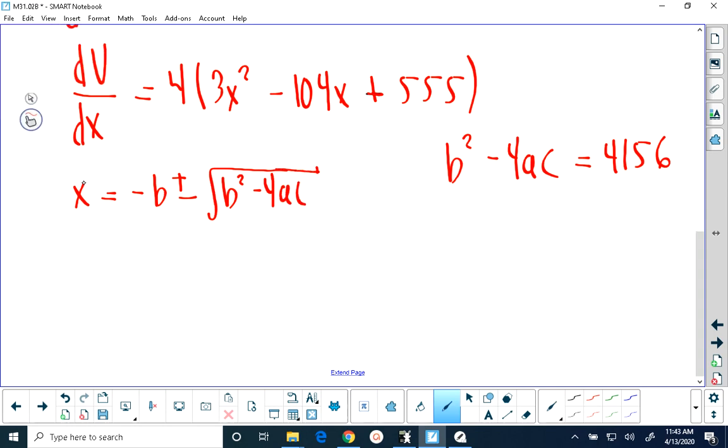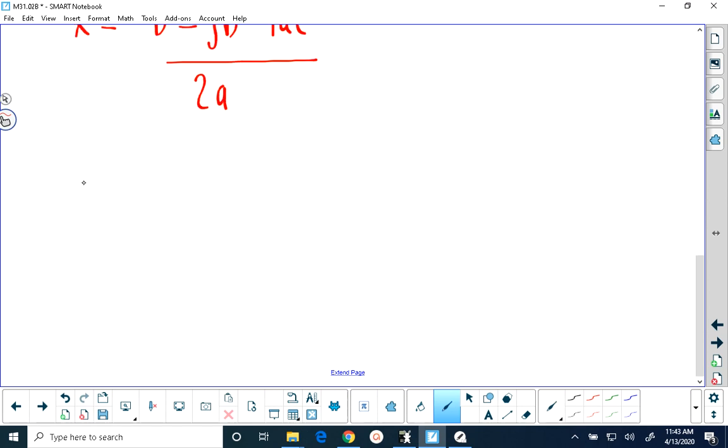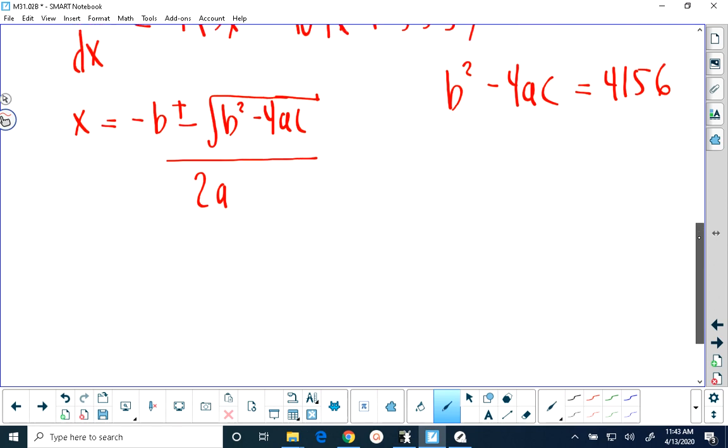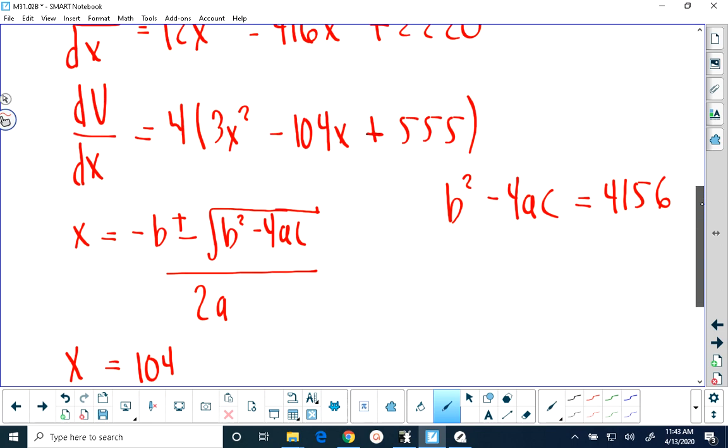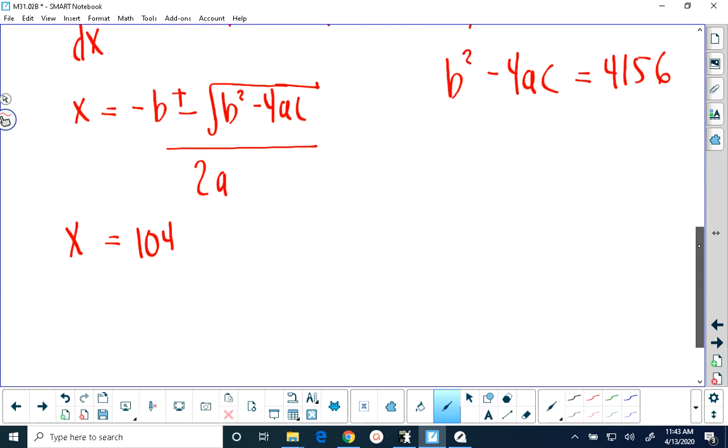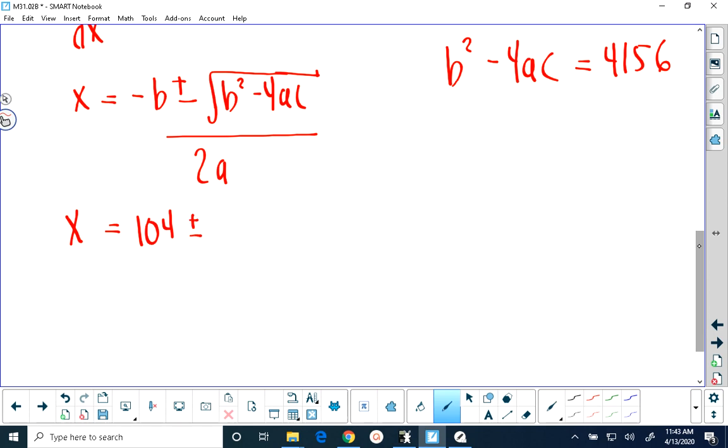It's 4156 all over 2a, which means x is equal to negative b, which will be positive 104. b is negative 104, plus or minus the square root of 4156 all over 2a, and a was 3, which means it's over 6.